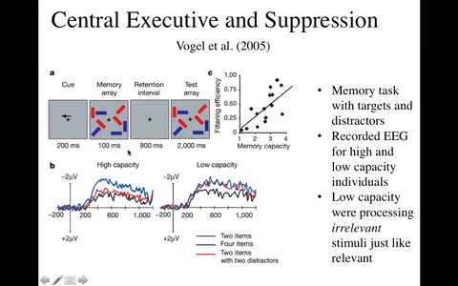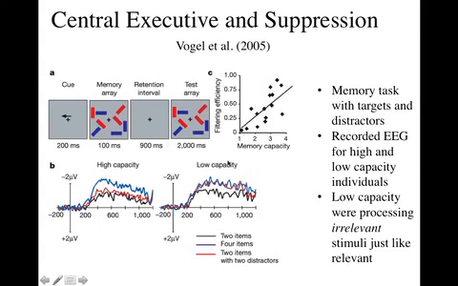And what they did was compare people who had previously been shown in short-term memory tests to have a high capacity or lower capacity. What they found is that the high capacity individuals, when there were 4 items on the screen, their short-term memory was working hard. When there were 2 items on the screen, but also 2 distractors, their brain didn't work as hard because they were able to filter out those 2 distractors and not recall them in short-term memory.